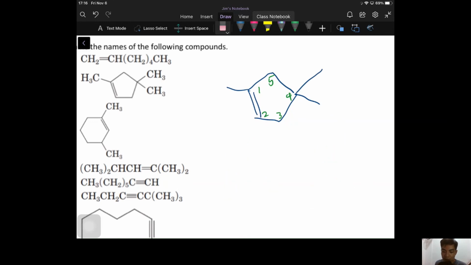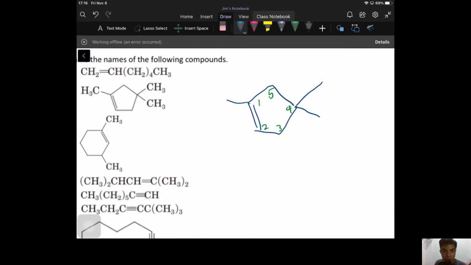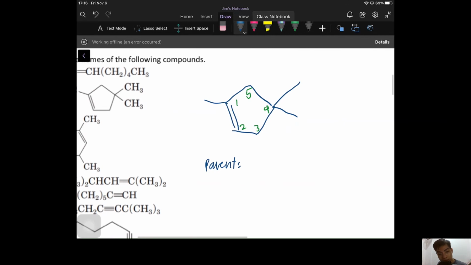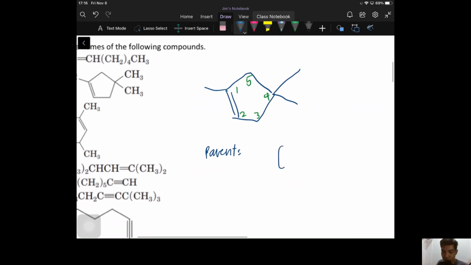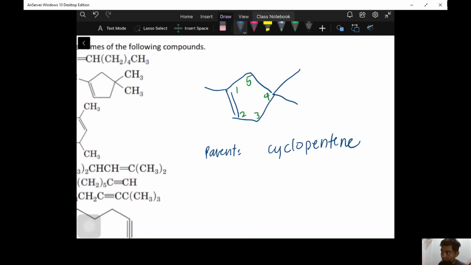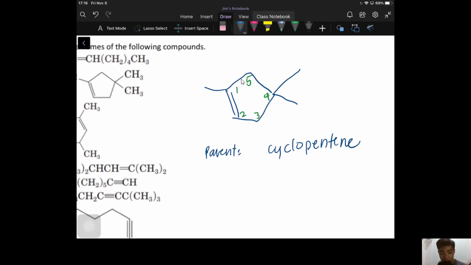So, ano magiging pangalan niyan? Name your parent muna. Name yung ring. Ano name ng parent natin? 5 carbons. So, yan ay cyclo, pentene. Cyclo, nakaring. Pentene, 5 carbons, may double bond. Cyclopentene. Okay? Tapos, ano na? Substituents. Okay, mga substituents natin.